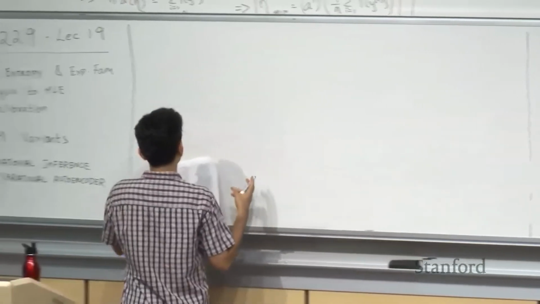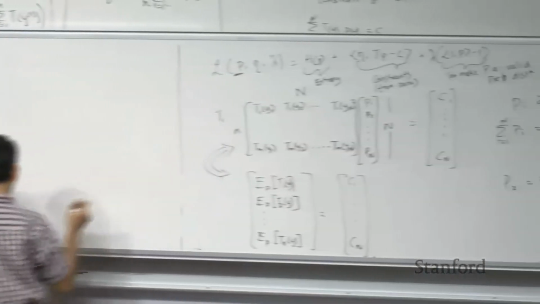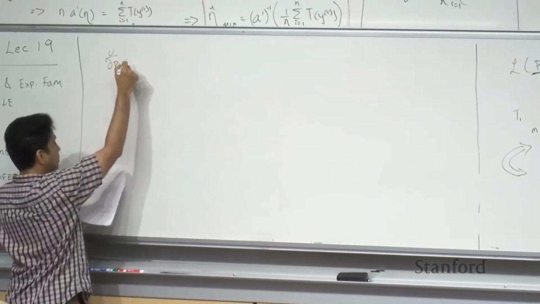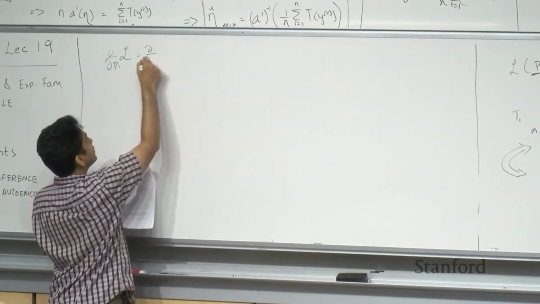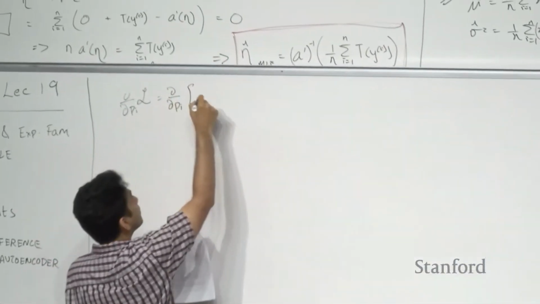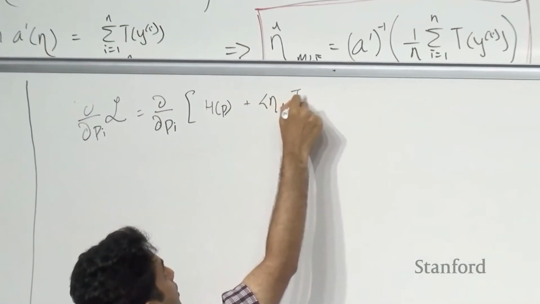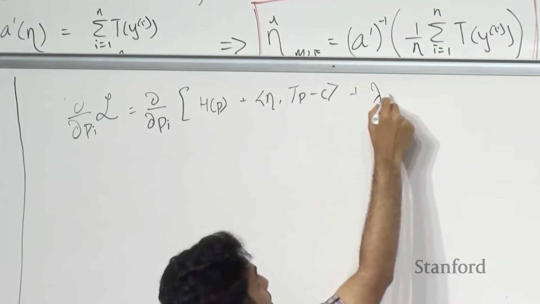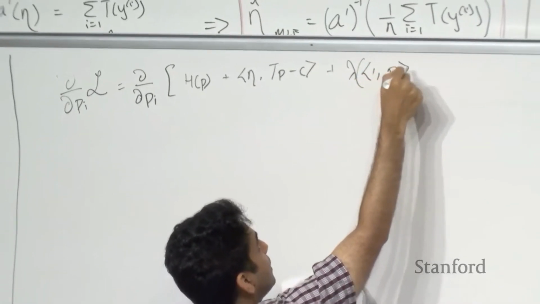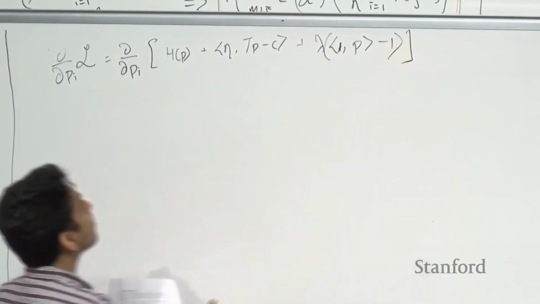Right. So to solve this Lagrangian, we start with taking the derivative of the Lagrangian with respect to the P's, and we get a partial with respect to Pi of the Lagrangian, and this is equal to the partial with respect to Pi of h of P plus eta times Tp minus C plus lambda times 1 P minus 1, right?